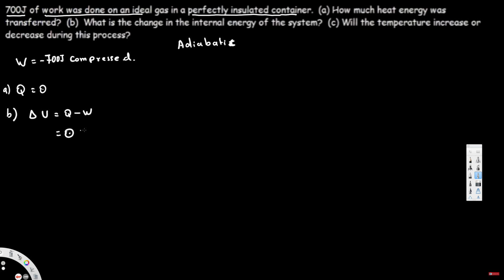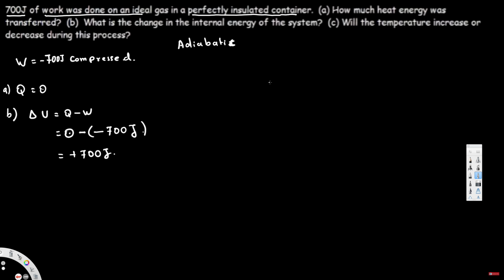If we put negative 700, this is going to be positive 700, right? So positive 700 joules. This is the change in internal energy of the system.